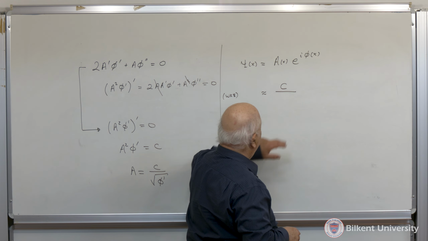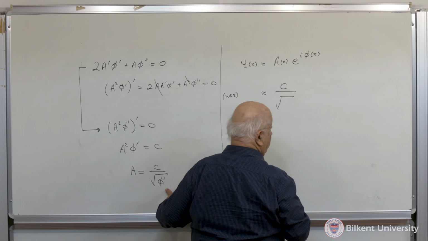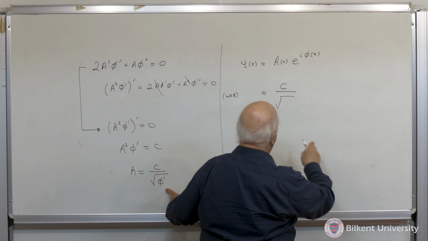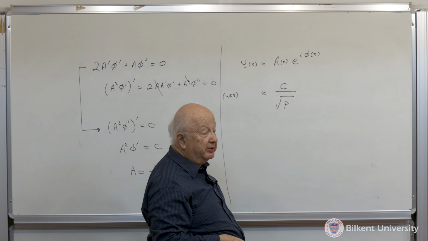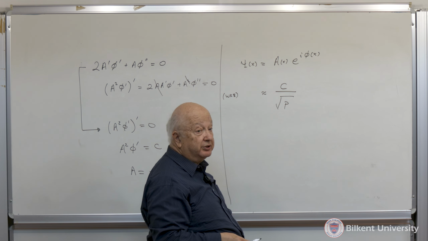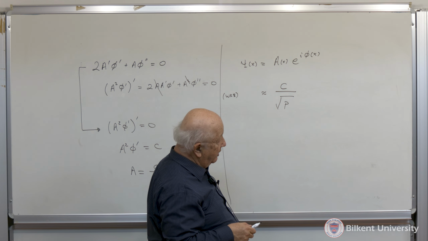Okay, so I'm going to get what? A square root of phi prime, which is going to be p over h bar, but I'm not going to write the h bar because I have a constant here anyway. So it's just going to multiply that constant. That constant is arbitrary at this point.